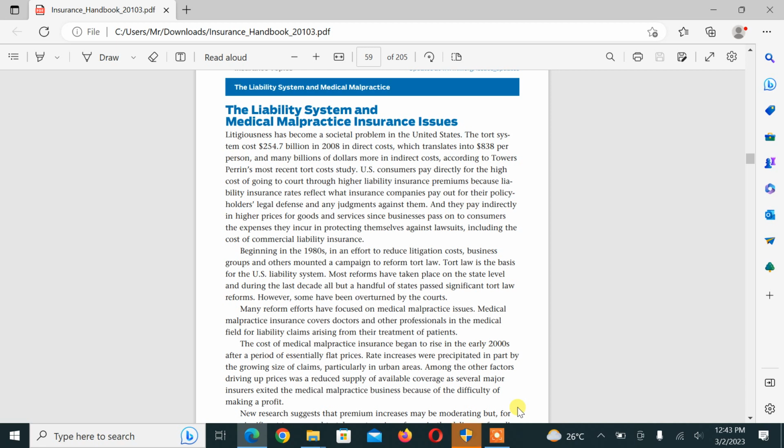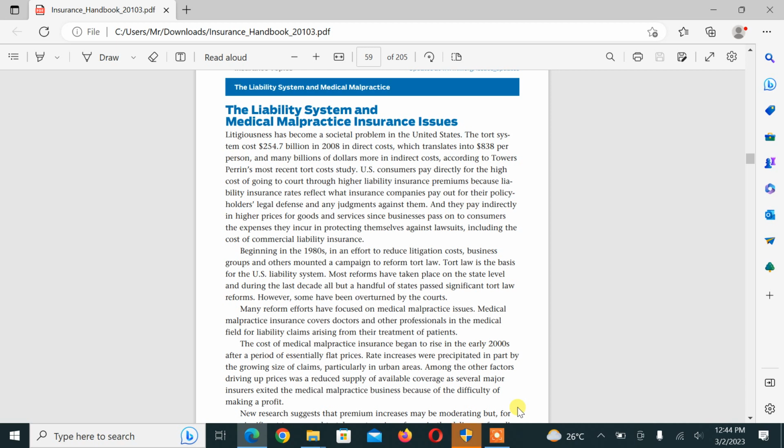According to Towers Perrin's most recent tort cost study, US consumers pay directly for the high cost of going to court through higher liability insurance premiums, because liability insurance rates reflect that insurance companies pay out their policyholders' legal defense costs and any judgments against them.